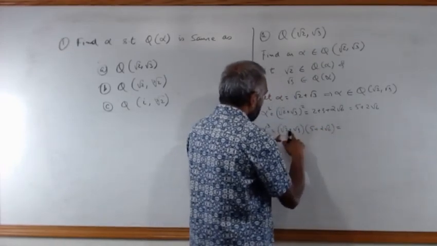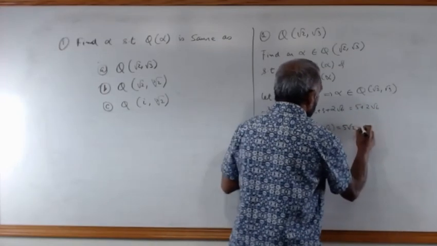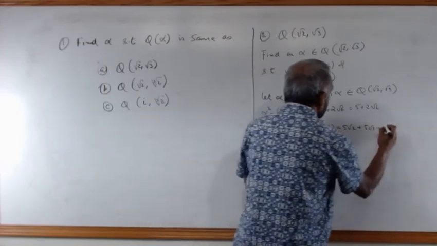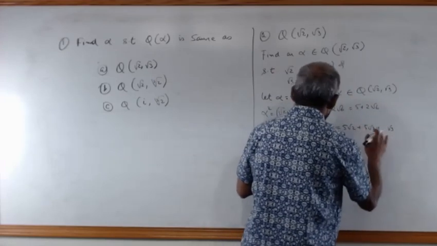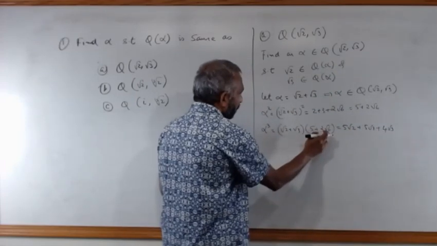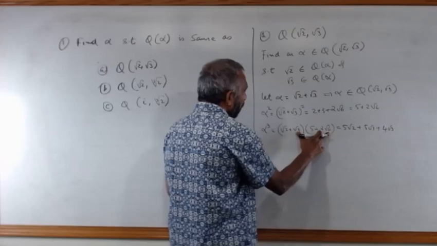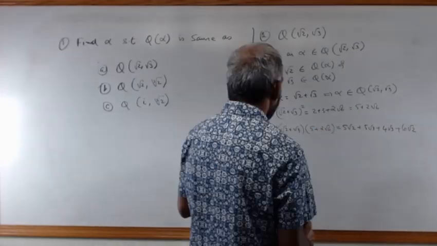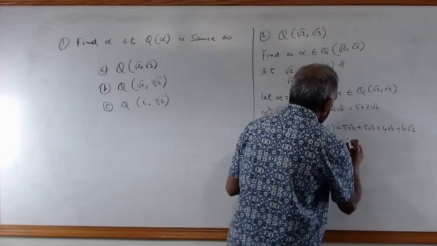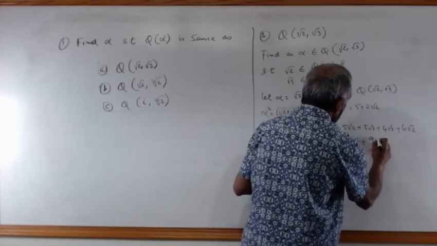That is 5√2 plus 5√3, plus 4√3 (because 2√12 is 4√3), plus 6√2. So that is equal to 11√2 plus 9√3.